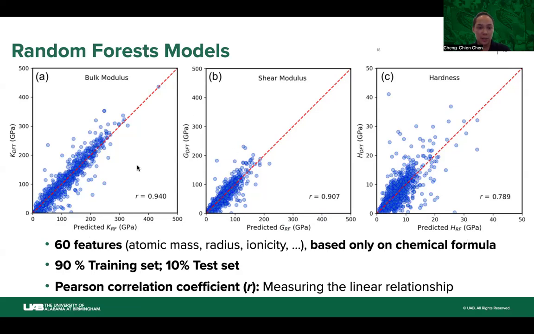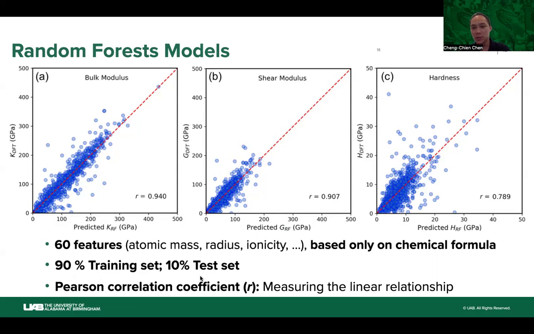In training the model, we use 60 features based on properties that can be derived from the chemical formula, as I just discussed. We split our 10,000 data set into a 90% training set and a 10% test set. In the end, we evaluate results on the test set, which has never been seen by our models.